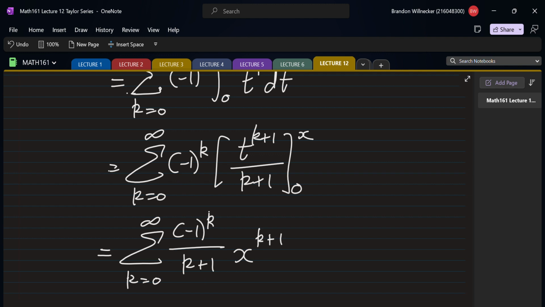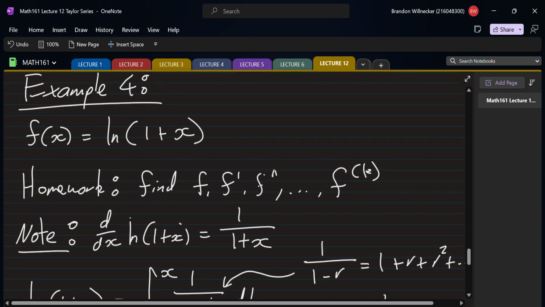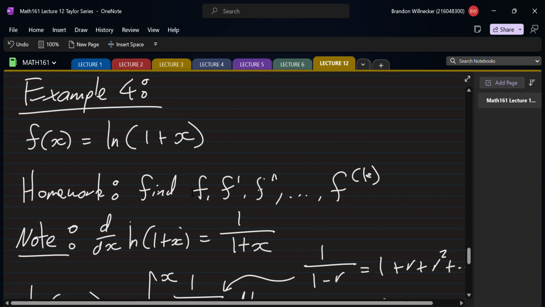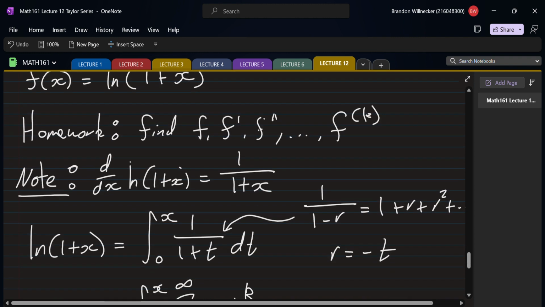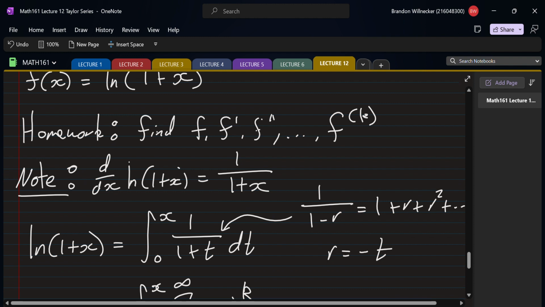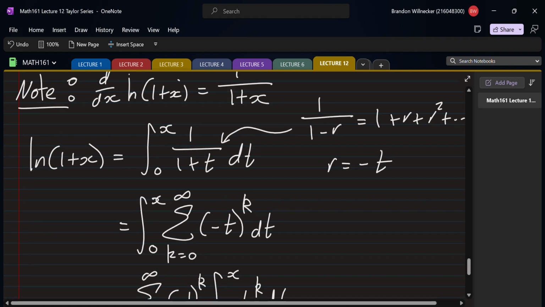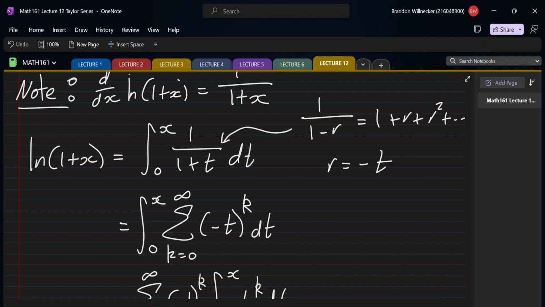So we get our Taylor series without having to do all these derivatives, the f prime, f double prime, and so on. This is just an alternative method of finding the Taylor series. If we can write the function as the integral of something that can be represented by a series, then we can just integrate the series, and that gives us back our function.